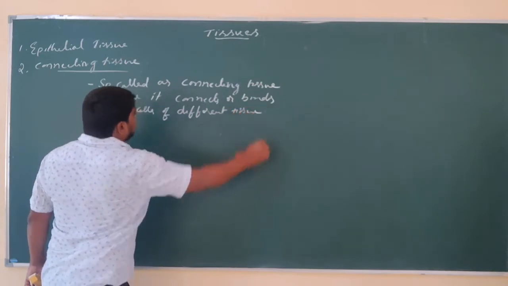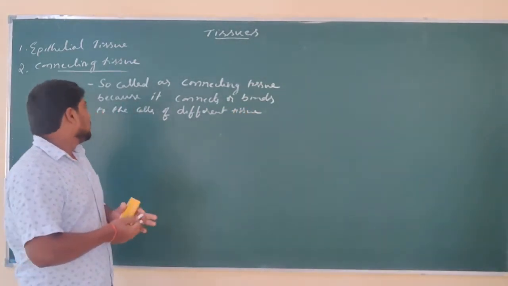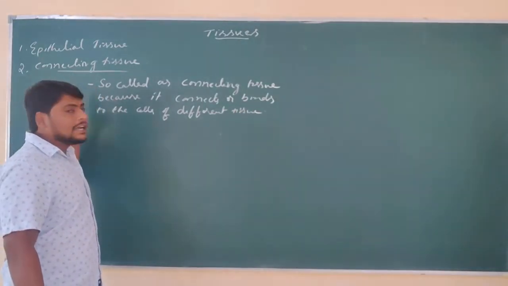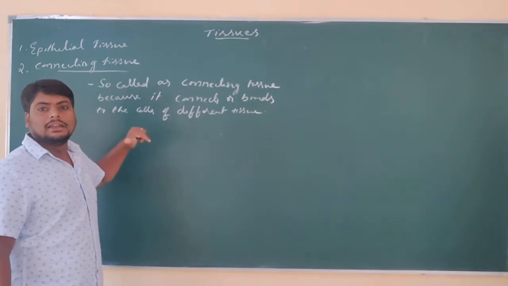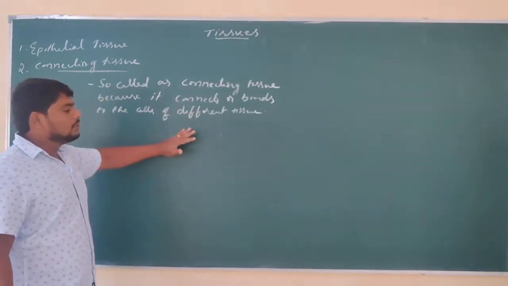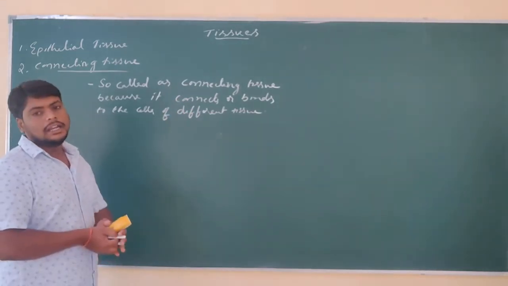That's why it is called a connecting tissue. Understand why it is called connecting tissue? This type of tissue helps in connecting or joining different cells in different tissues. That's why it is called a connecting tissue.